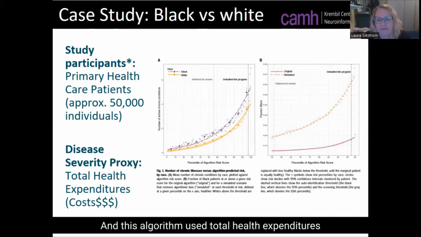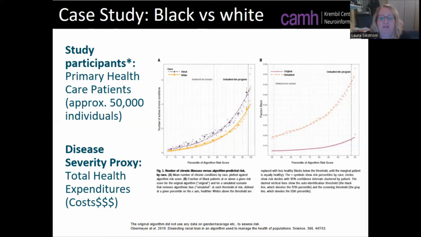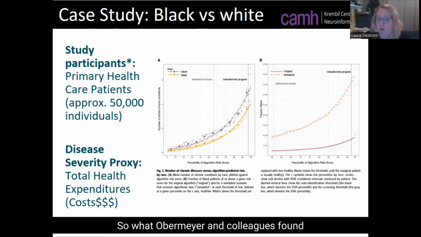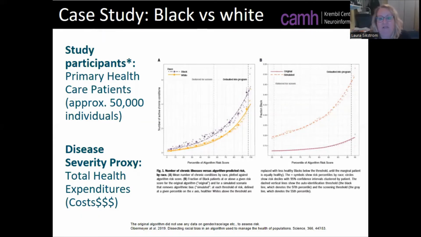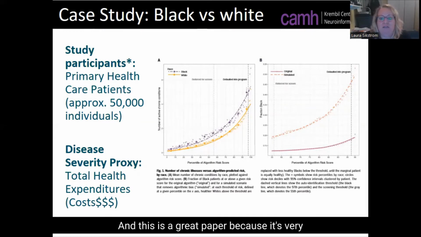And this algorithm used total health expenditures as a proxy for disease severity. So what Obermeyer and colleagues found was that actually this algorithm was underestimating disease severity in Black clients. And this is a great paper because it's very thoughtful.